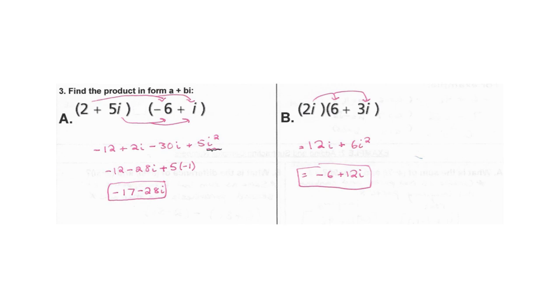So -17 minus 28i is our solution. The next one's just distributive property. Just distribute the 2i to both terms. This becomes -1, and that's where we get the -6 here. And then bring the plus 2 to the front, because we always want a plus bi form. Okay, and that's the end of our notes.